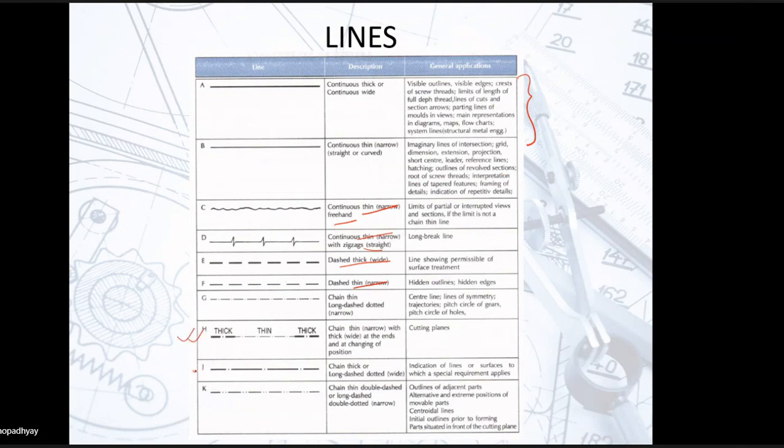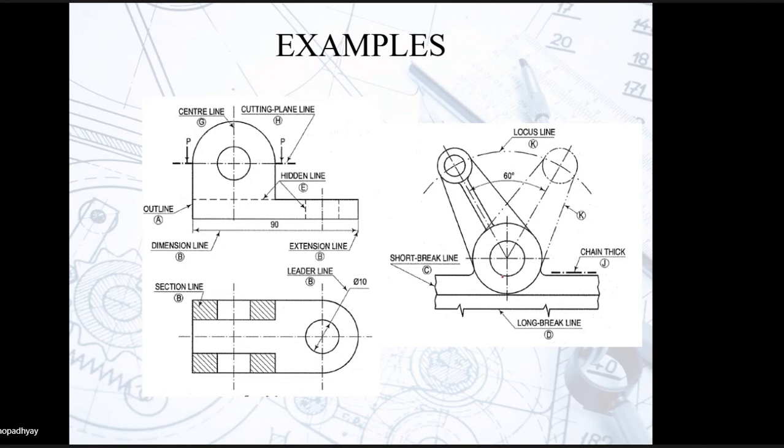types of lines that you generally use. Here are some examples. Okay, the examples you can easily see here. Dimension lines, outlines, center line, cutting plane line, hidden line, etc. So these are the different types of lines, and I will be explaining different types of lines to you through illustration of different types of drawings.